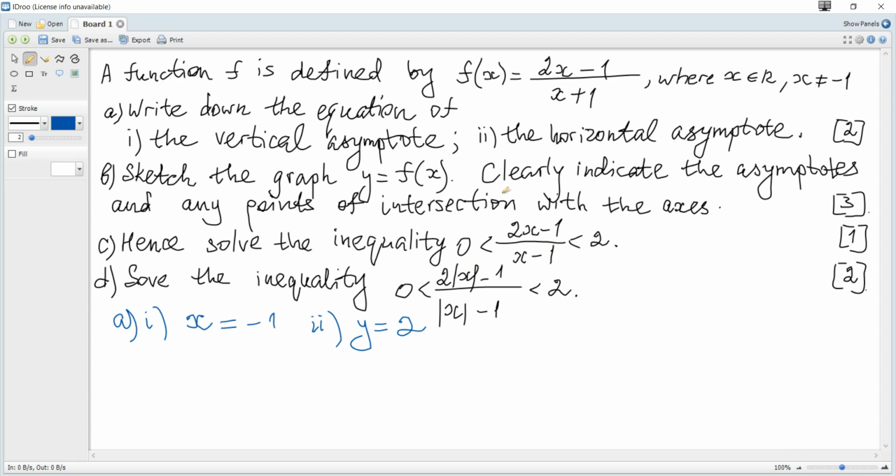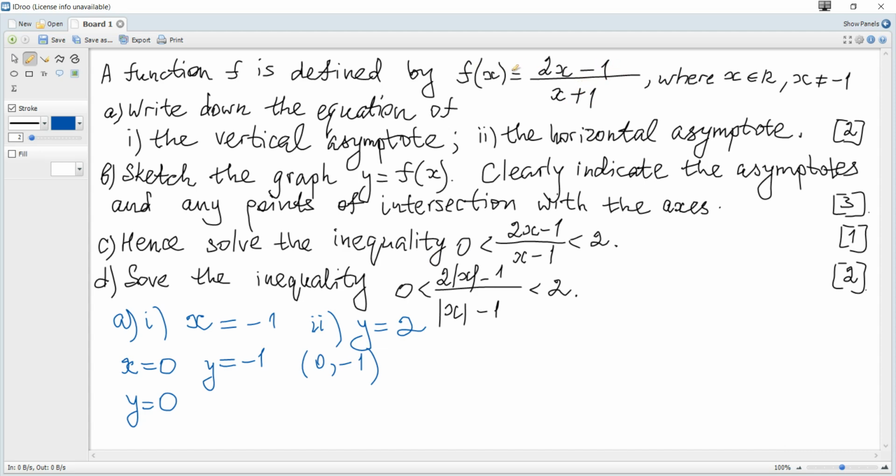Next, sketch the graph, and we also need points of intersection with axes. So let's find y-intercept. So let's consider x is 0. When x is 0, y is -1, so 0, -1 is y-intercept, and to find x-intercept we consider y is 0, so we get fraction is equal to 0.